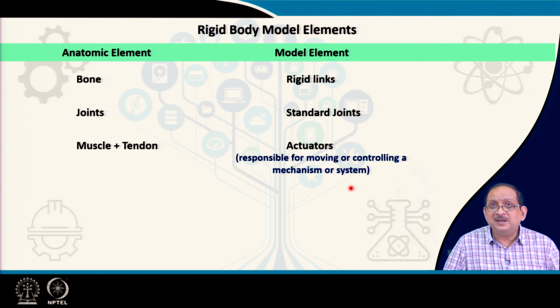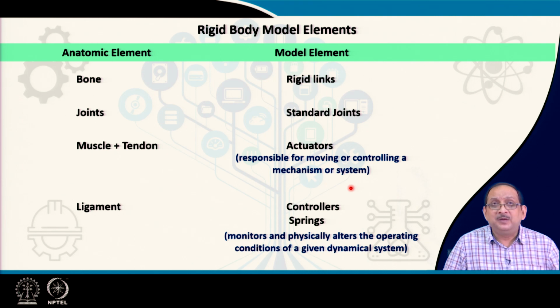The muscle and tendon combination actually acts as actuators, which are responsible for moving or controlling a mechanism or system. Whereas the ligaments are basically controllers or springs, which monitor and physically alter the operating conditions of a given dynamic system.